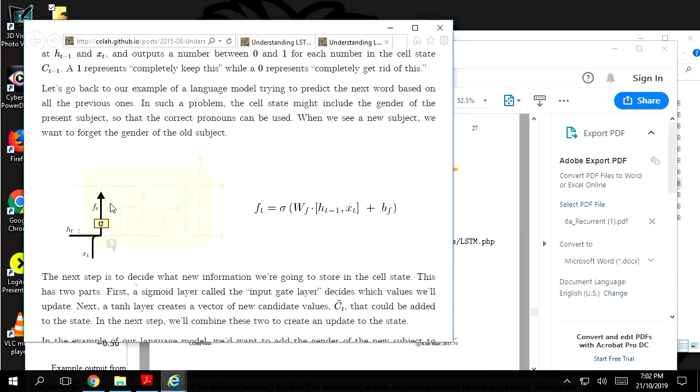If sigma is a half for the third context unit, that means it gets multiplied by a half, so it's partially forgotten. So this tells you how much of each component of the context to forget and how much to remember.